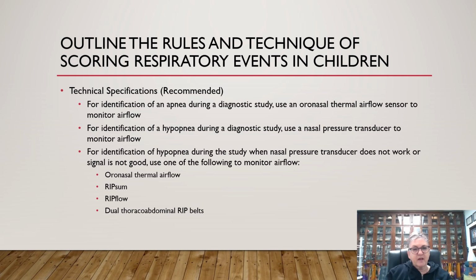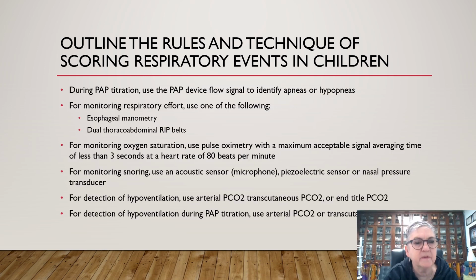For identification of hypopnea during a diagnostic study, use a nasal pressure transducer to monitor airflow. For identification of hypopnea when the nasal pressure transducer does not work, or the signal is not good, use one of the following monitors to monitor airflow: oral nasal thermal airflow, RIP sum, RIP flow, or dual thoracic abdominal RIP belts.